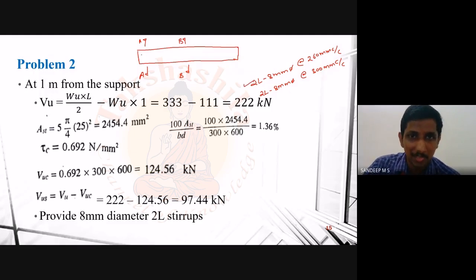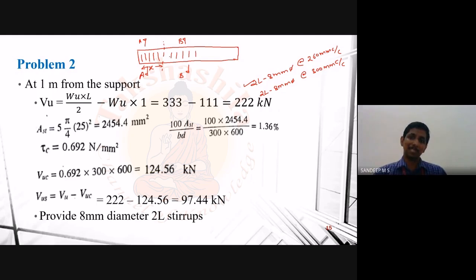Here you are providing your stirrups at a center to center distance of 260 millimeters, but at the midspan you are providing 300 millimeters. So where will this transition occur? That is my question. Say at a particular distance X from your left support, we can change the spacing to 300 millimeters. How can we find that?